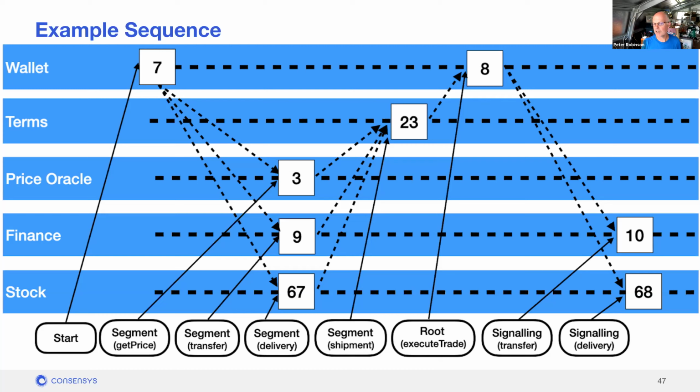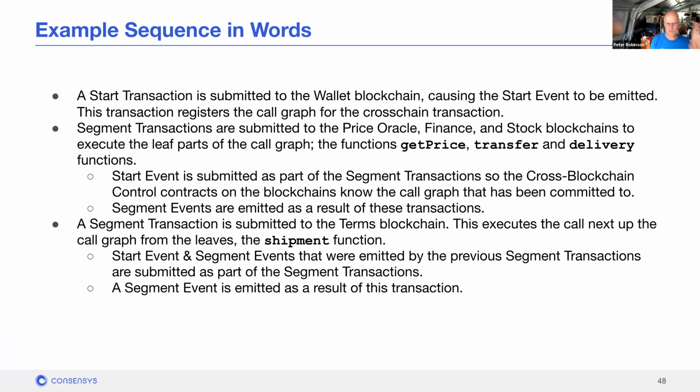And then because there were only updates on the finance and stock and not on the Oracle or terms, then you only need to have signaling transactions on those two blockchains. And this explains that sequence, but in words.